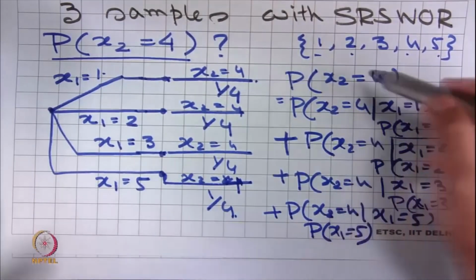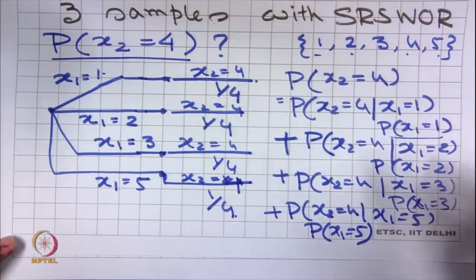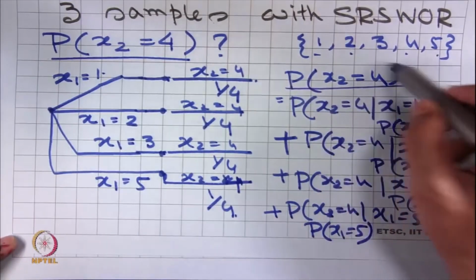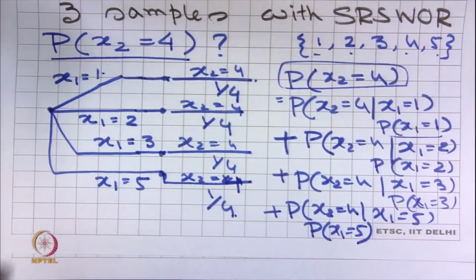So, these are the cases that lead to the event x 2 is equal to 4.